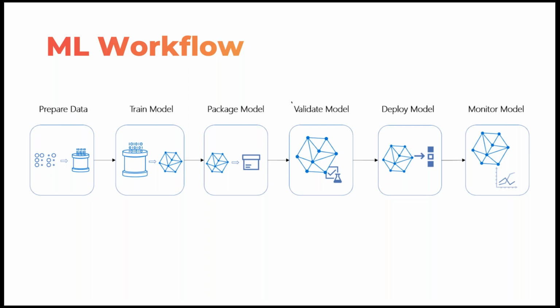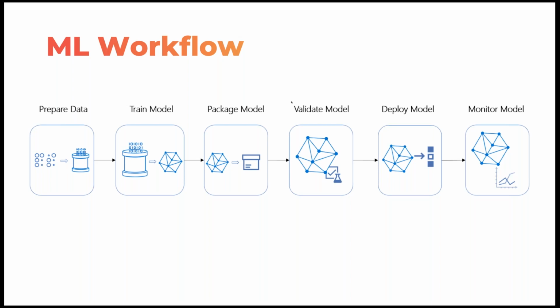And once the data has been completely cleansed and prepared, then it goes into the training phase, where the actual algorithm gets applied to the prepared data and the model starts to evolve. And once the model has been thoroughly evaluated and fine-tuned, it goes into packaging. So packaging is where you either put that in a Docker container image or you move that to a model management environment, and ultimately it goes into an inference cluster.